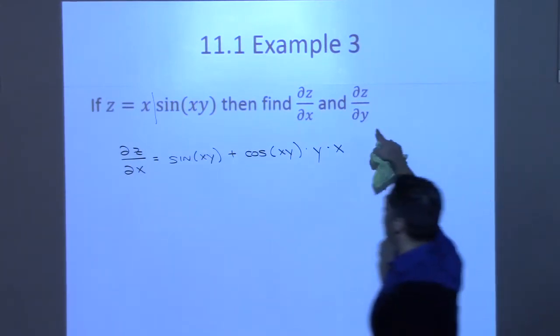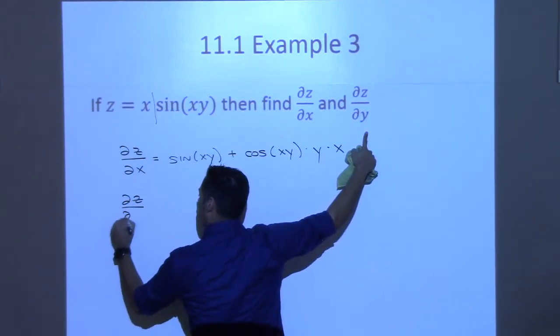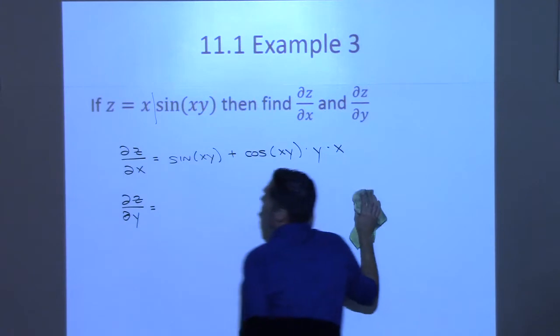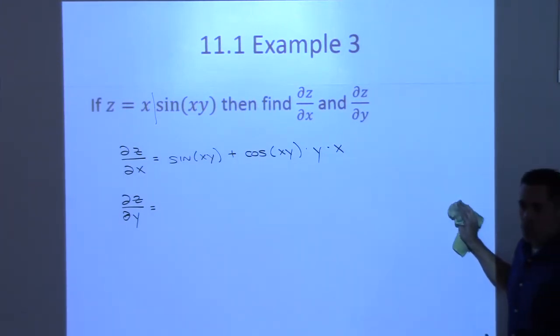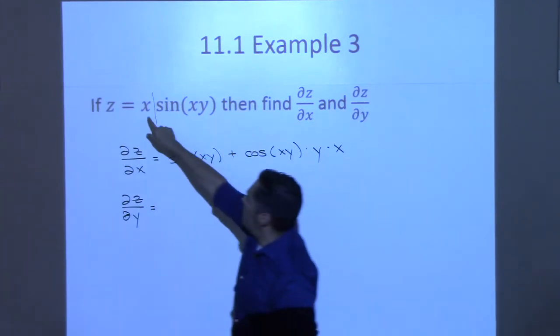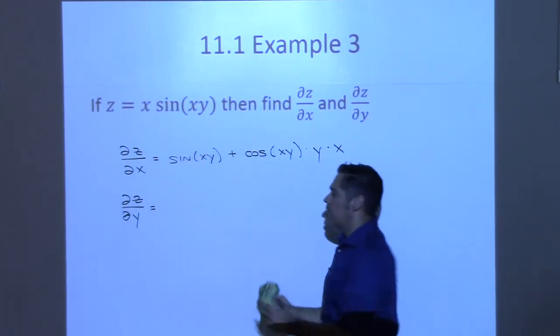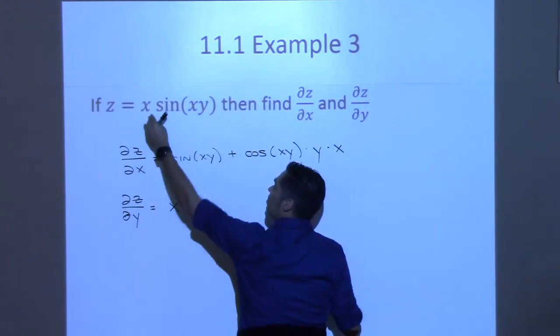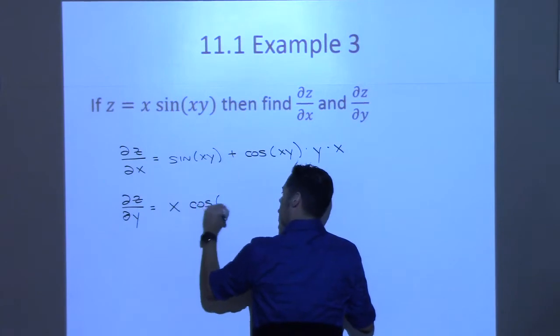Now, there's another derivative we could have found. That would be the partial of z with respect to y. And this time we hold x constant. That's nice, right? Because then we don't have product rule anymore. If x is a constant, then we don't have to do product rule. So the x just comes along for the ride. The derivative of sine of something is still cosine, right?